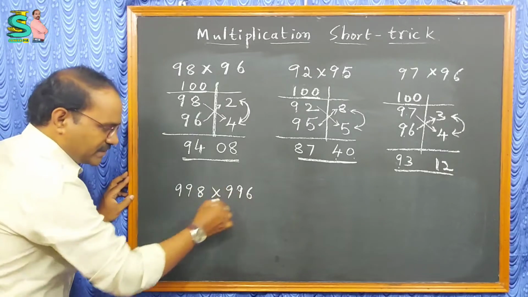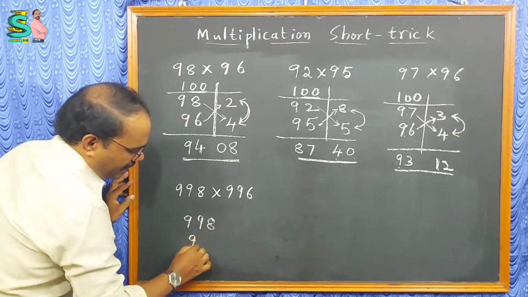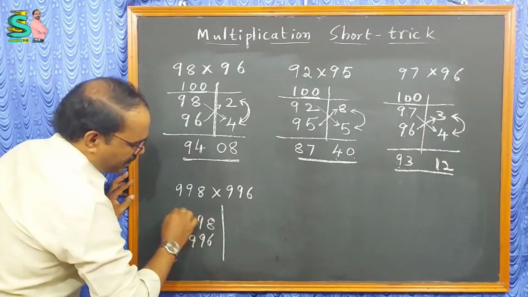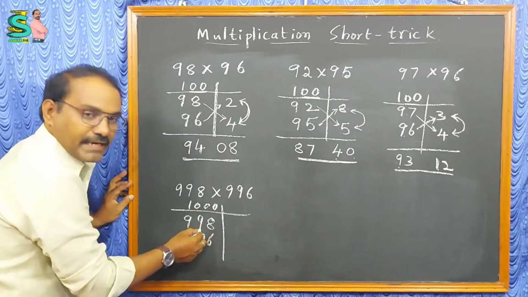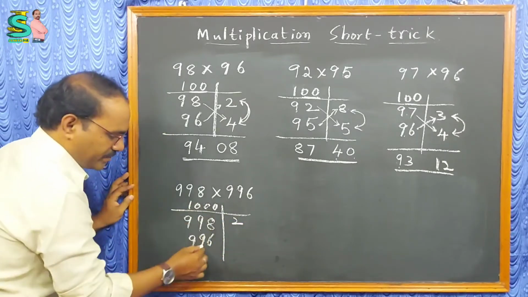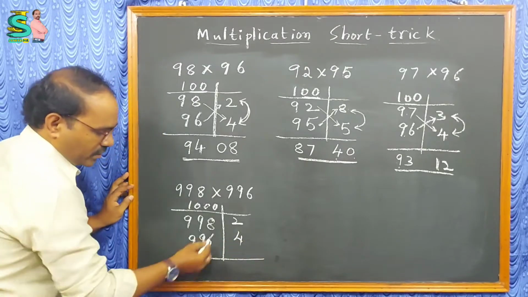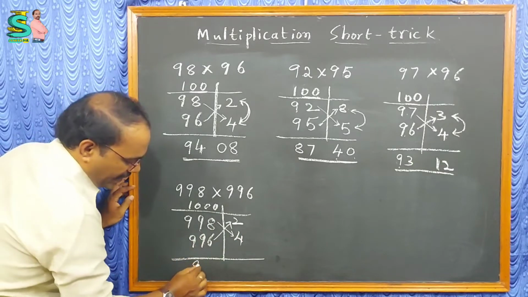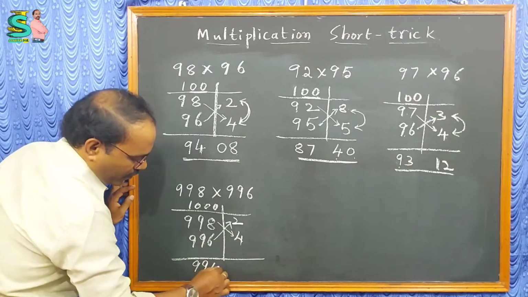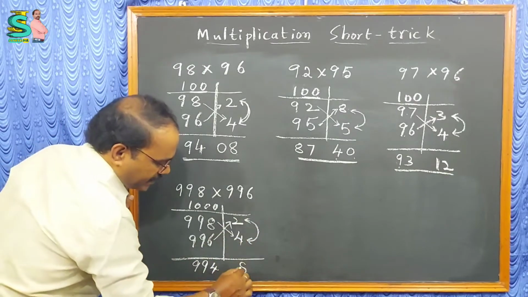These two numbers are near to 1000. 1000 minus 998, 2, 1000 minus 996, 4. So do the subtraction like this or like this. You will get 994. And then multiplication of these two, 4 2s are 8.